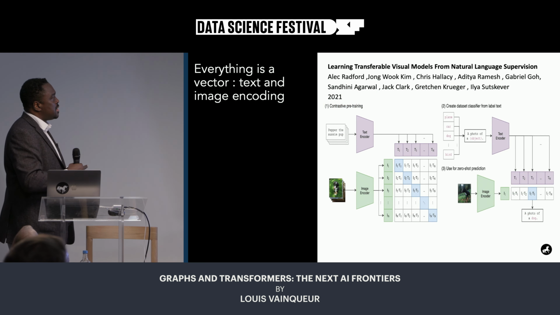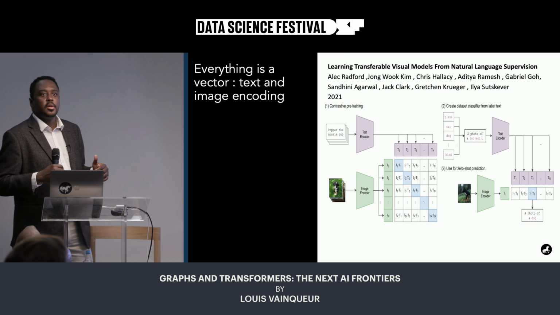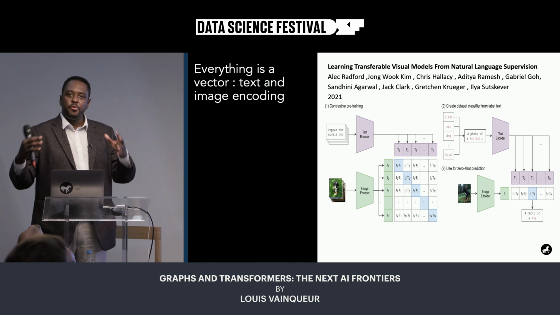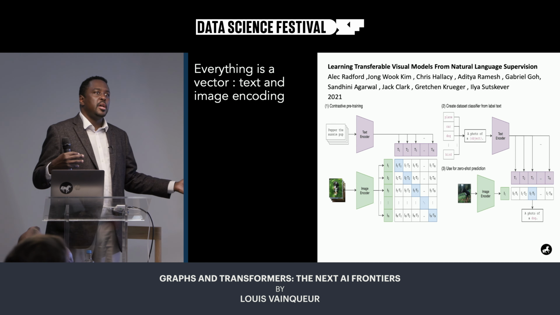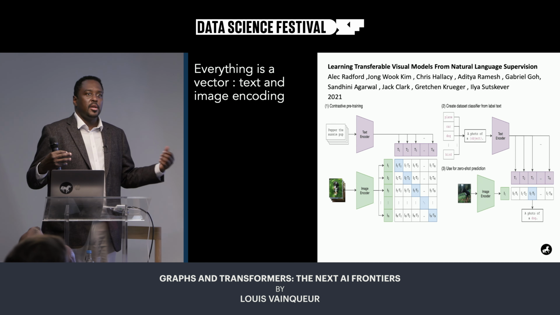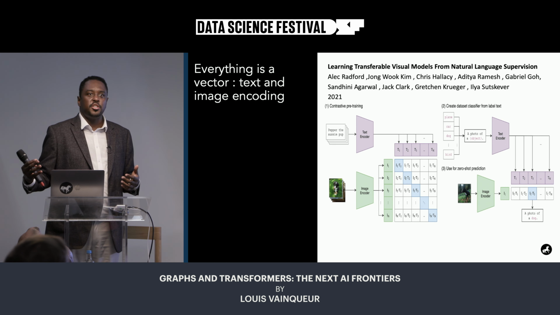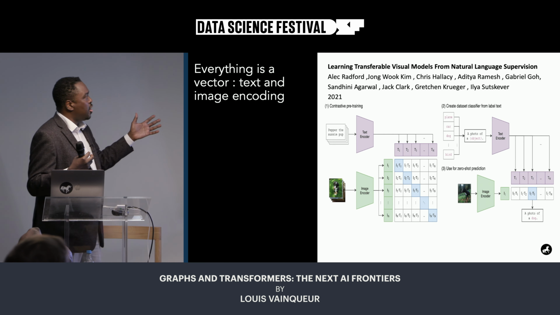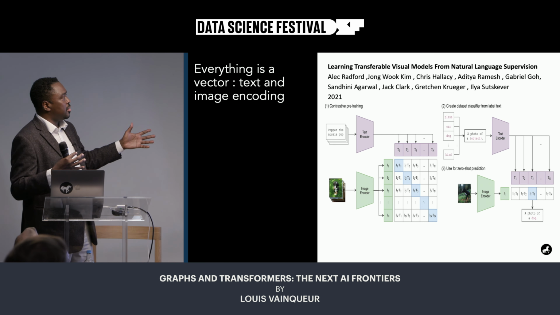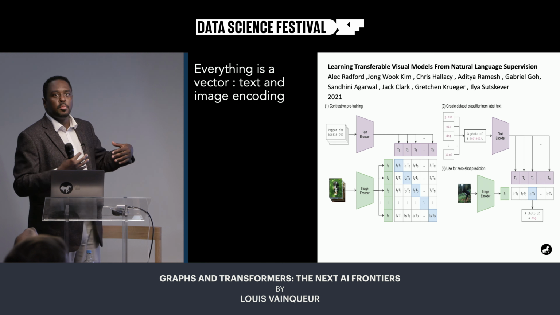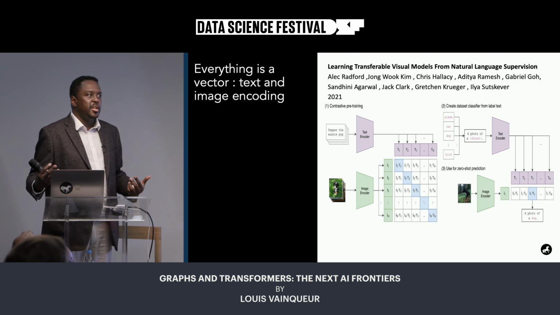And there is a way to go even further to combine both types of representations. We have talked about creating representation for text with those models. We just talked about creating representation for images. Here you have a bimodal model that is co-learning both text representation and image representation.